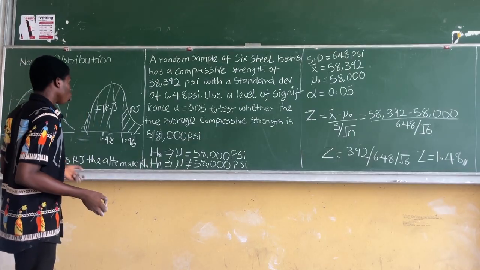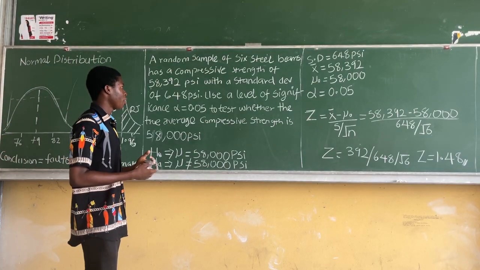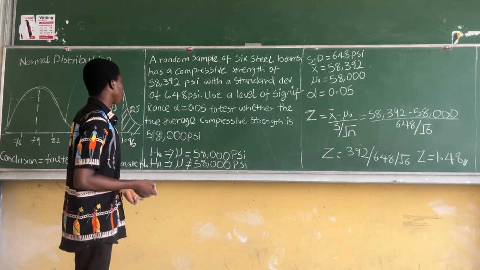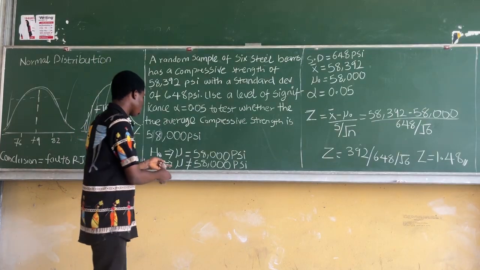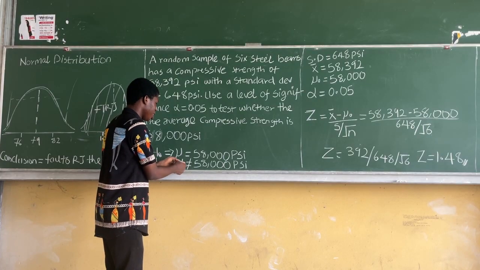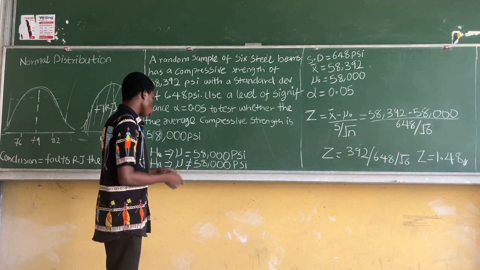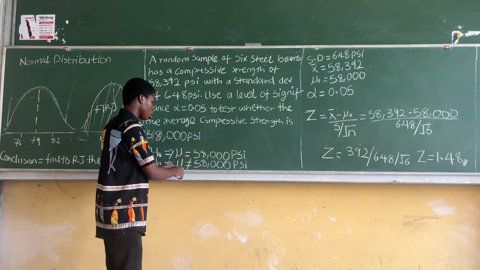So this simple conclusion, you can state that at 5% level of significance, there is no sufficient evidence to conclude that the alternate hypothesis, mu is not equal to 58,000. So we don't have significant information to conclude that our mean is not equal to 58,000.